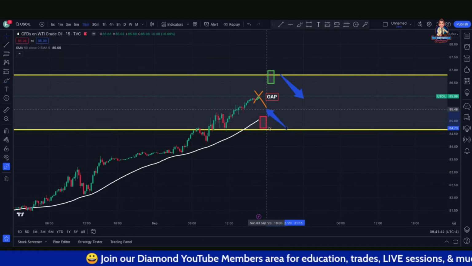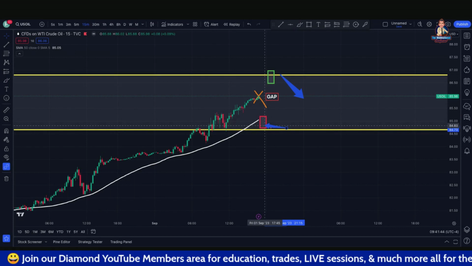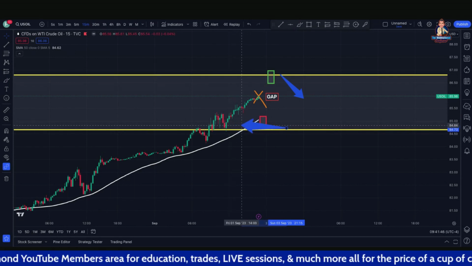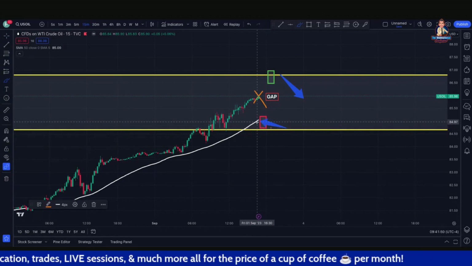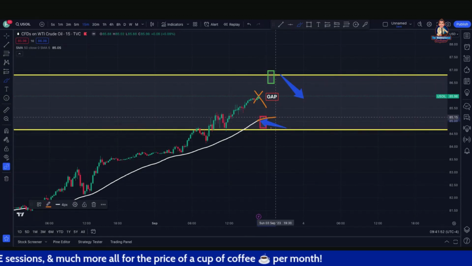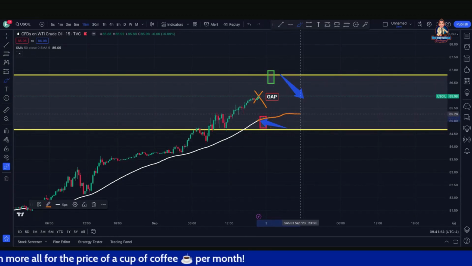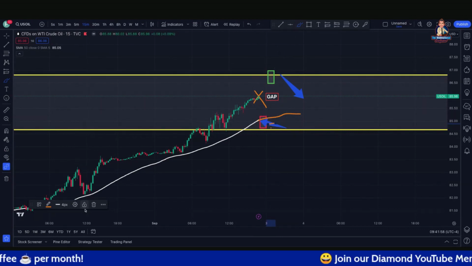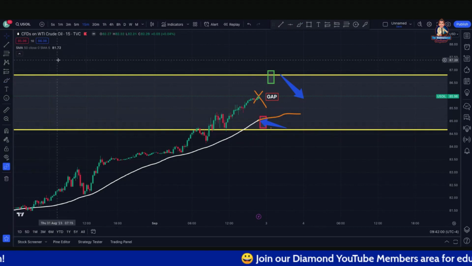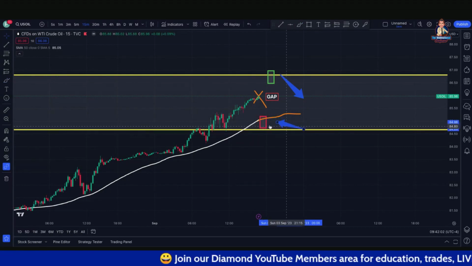I would let price come down at the same time into the bottom of the zone, kind of like what happened here. And you'll probably see the moving average then begin to smooth out. So you want to let price come down towards this area.